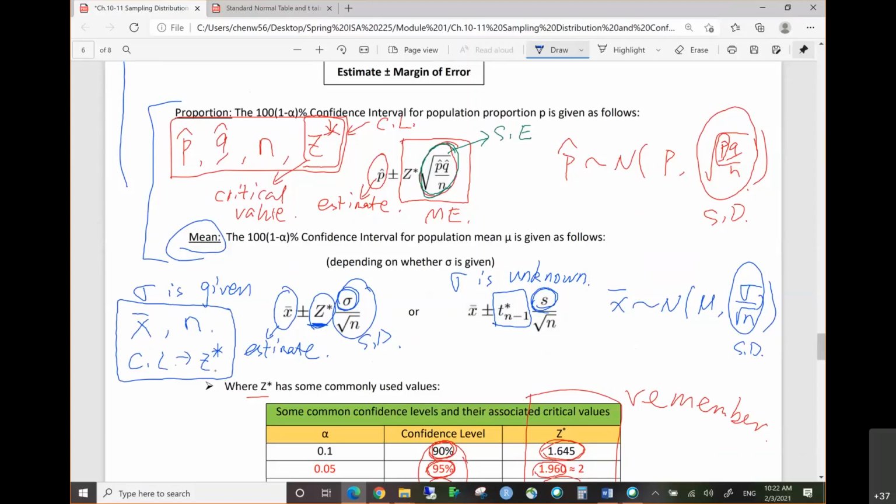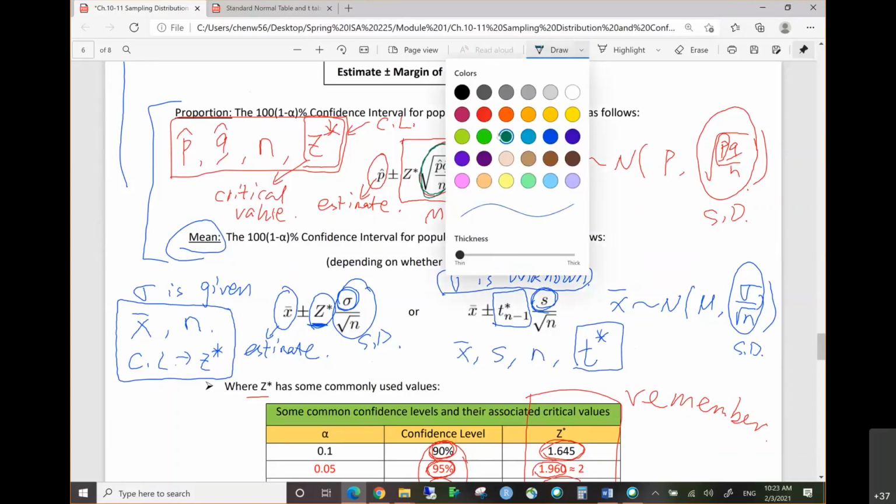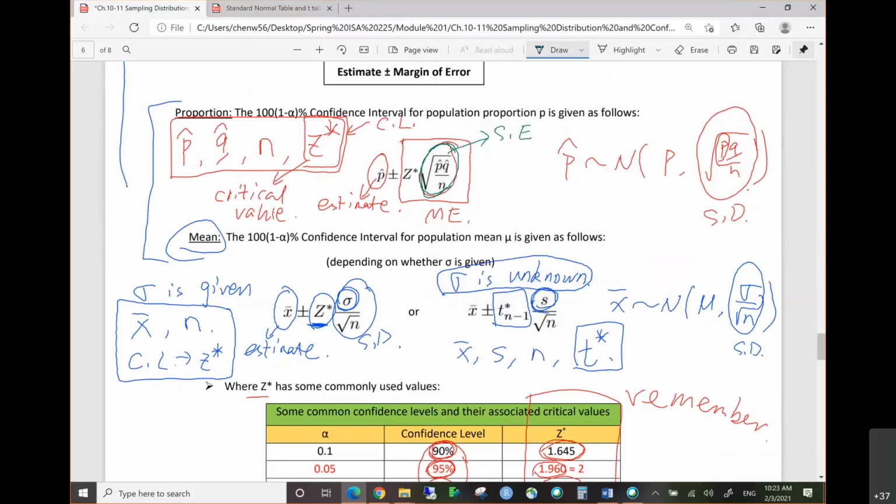But when sigma is unknown, you have the sample mean, the sample standard deviation, and the sample size, but how can you find this t star? We say the t star depends on two parameters. The first one is the degree of freedom.